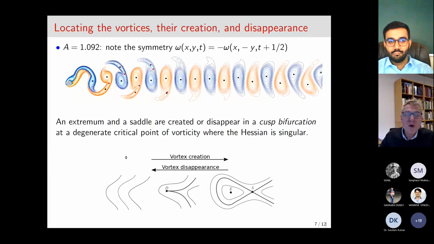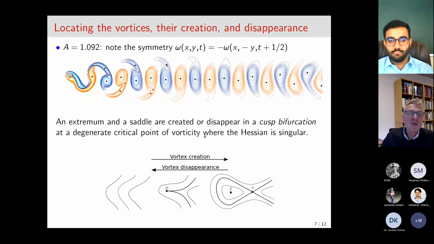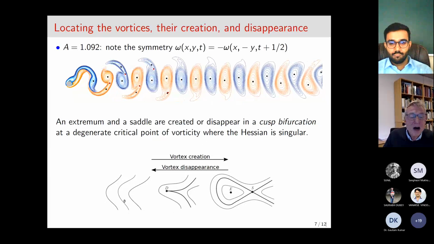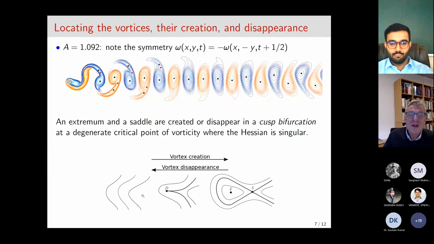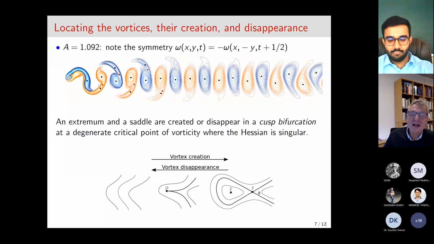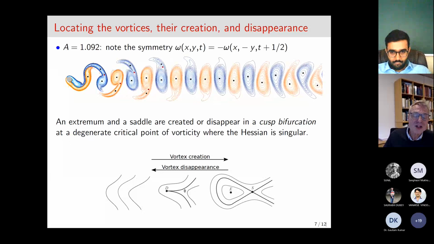What I described before is a phenomenon called a cusp bifurcation, where either out of nothing an extremum and a saddle are born, or if you go the other way, they merge and disappear.